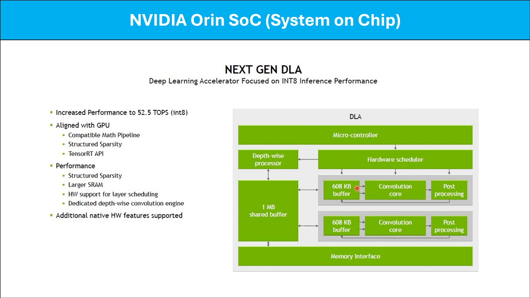Hardware scheduler, 608 kilobyte buffer, convolution core, post-processing, memory interface or whatever. So for now, on first watch, it's very unclear, but we will see and learn about this through the details. It's very important to mention this.